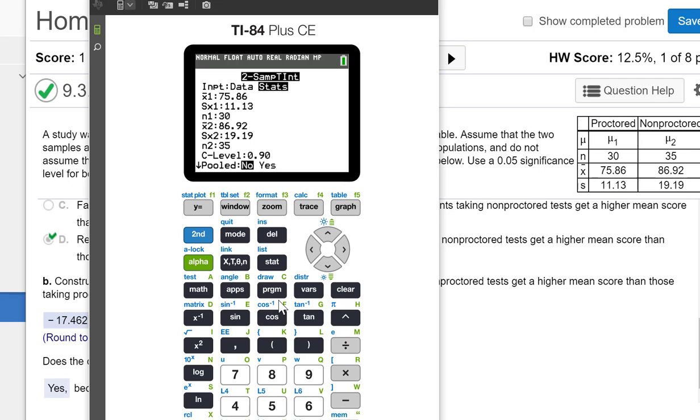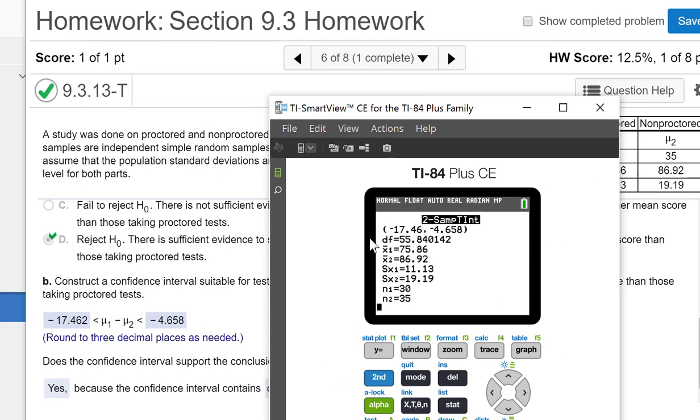If this were a 2-sided test where the alternative hypothesis was not equal to, then it would be 95%. And notice we get exactly the same thing we obtained earlier, negative 17.46. One of the problems here is that they only round to 2 places rather than 3.